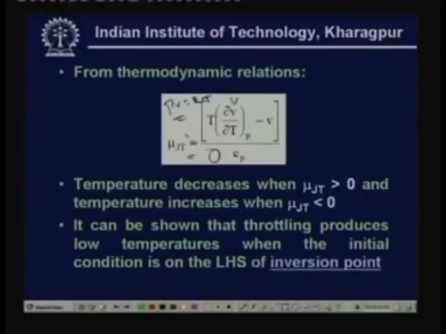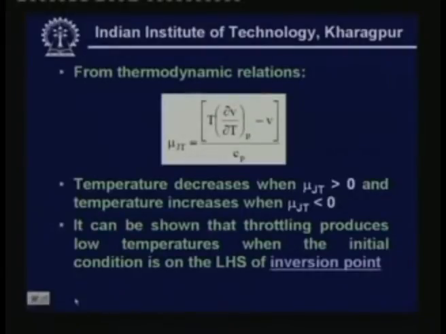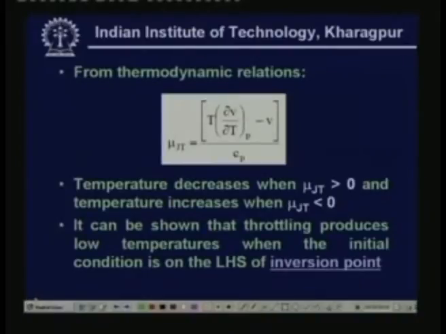Now from this equation you can easily see that temperature decreases when mu_JT is greater than 0 and temperature increases when mu_JT is less than 0. Why? Because we have seen that this Joule-Thomson coefficient by definition is equal to (∂T/∂P) at constant H, right?